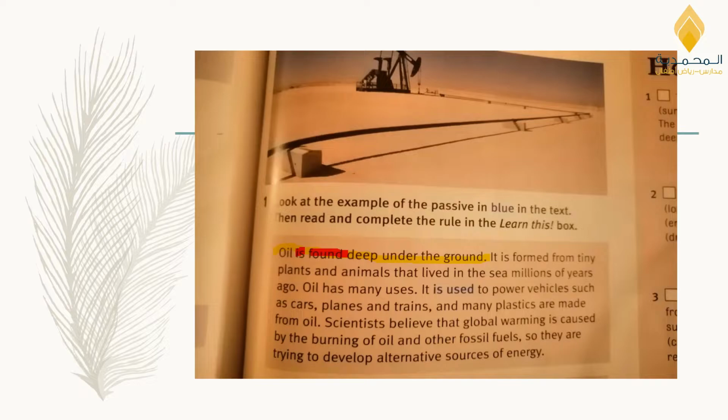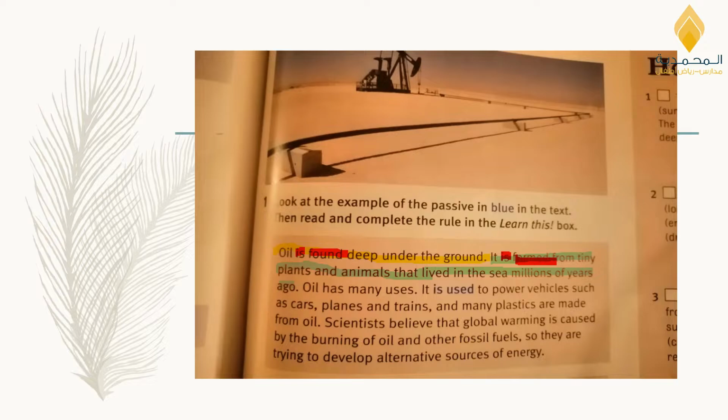Another example of the present passive is again: it is formed from tiny plants and animals that lived in the sea millions of years ago. Again, we used the verb is plus verb 3, which is the past participle, correct.